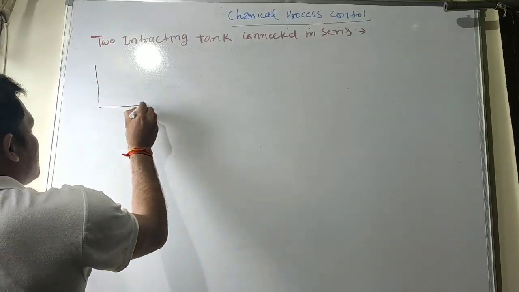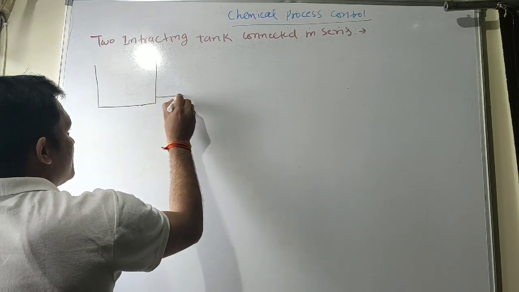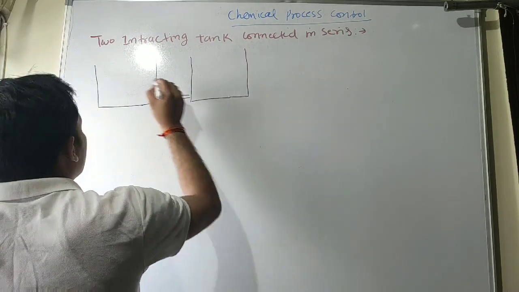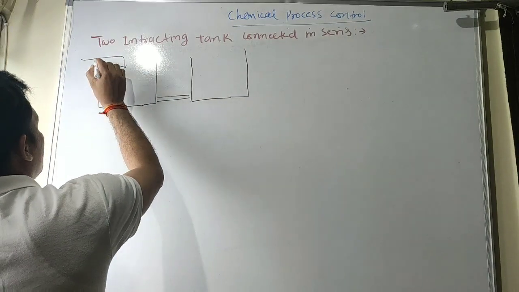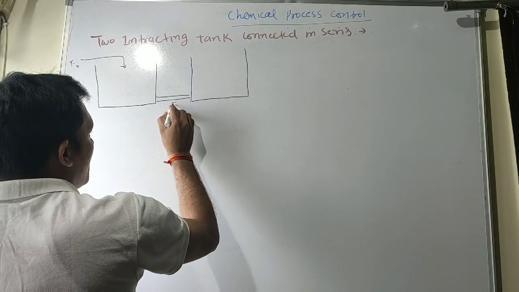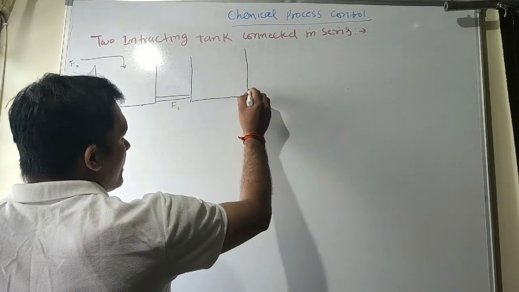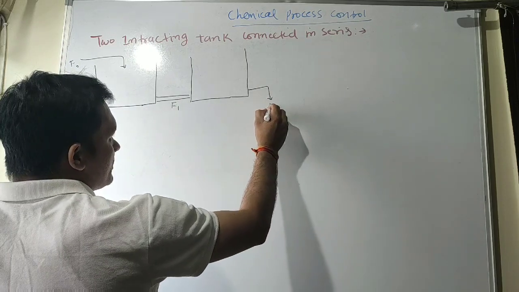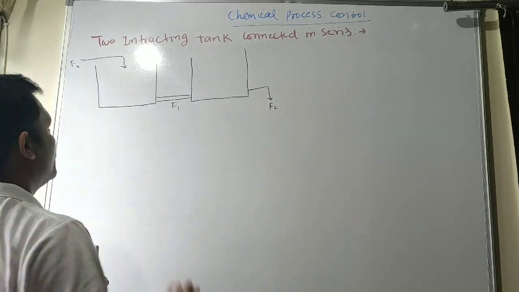Suppose these two tanks are as follows. The inlet flow rate of the first tank is F0 and the outlet flow rate from the first tank is F1, and from the second tank is F2.